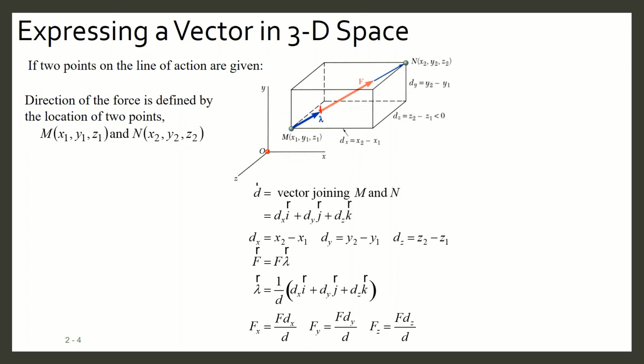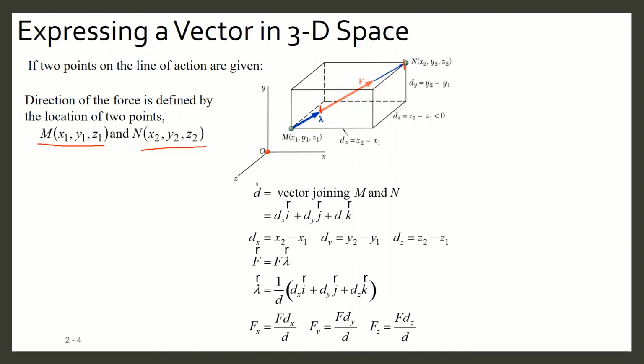Its initial point M is known to you, with coordinates x1, y1, z1, and you know the final point N, with coordinates x2, y2, z2. So this is the line of action MN, and along this line the force F is applied.